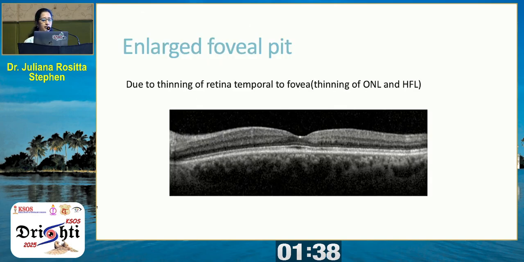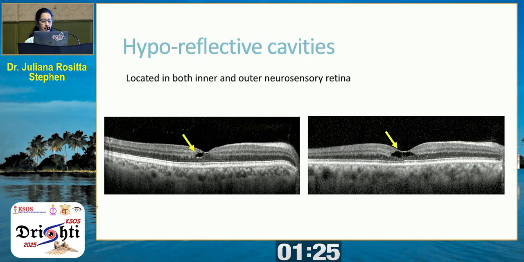So the earliest OCT finding is the enlargement of the foveal pit due to the thinning of the retina temporal to the fovea. It occurs due to the thinning of ONL and Henle fiber layer temporal to the fovea. Hyporeflective cavities may appear located in both inner and outer neurosensory retina.